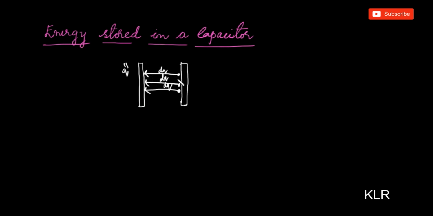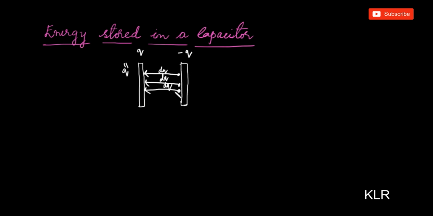So I'll keep on bringing dq charge from this plate to this plate till the charge on this plate becomes q. If q charge is removed from here, earlier it is neutral, so this charge will become minus q.